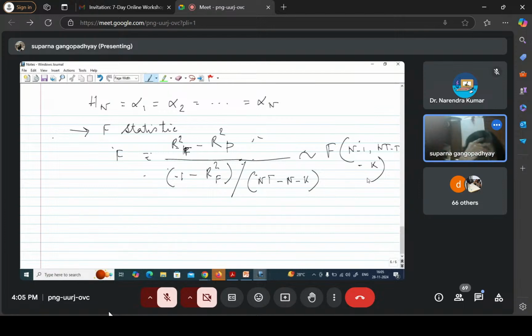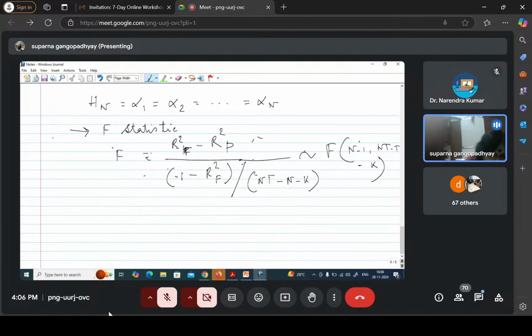N means the number of intercepts, that means your cross-sectional units are your number of intercepts. If you add them, you get N, because other variables are 0 for state 1, other variables 0 for state 2, that way. So you can consider it as the number of intercepts, that means the number of parallel lines, or as the cross-section units. NT is your total number of observations, and K is your number of variables.